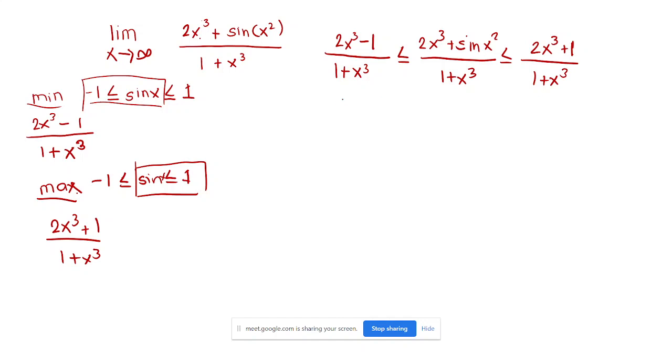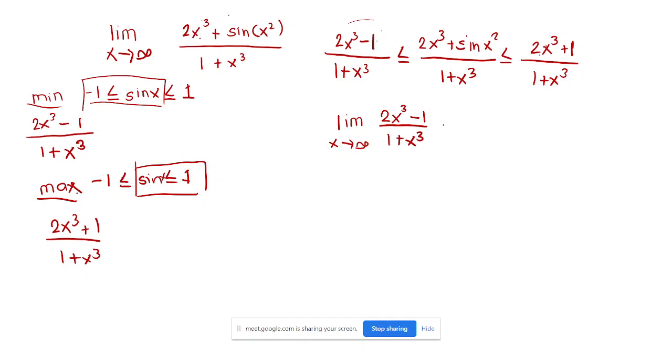Then, in order for us to get the limit of this one, we should get the limit of the upper and lower bound, because the limit of the upper and lower bound is just the limit of the middle one. So, if we try to solve the limit as x approaches infinity of 2x cubed minus 1 over 1 plus x cubed.